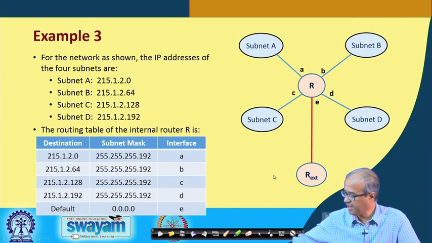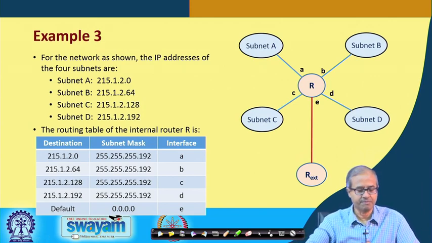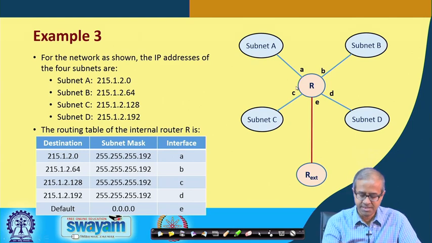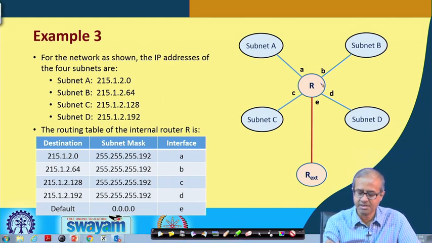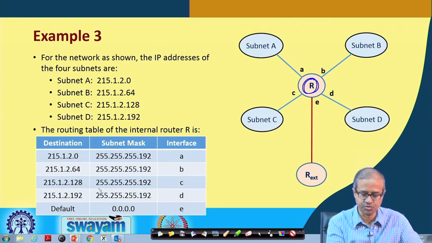Now, let us look at a third example, where we are using subnets, subnetworks. Pictorially, the network configuration looks like the diagram shown here. This is the router we are interested in. The routing table that we are showing here is the routing table of this router.